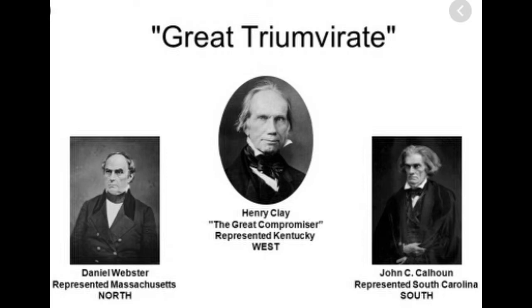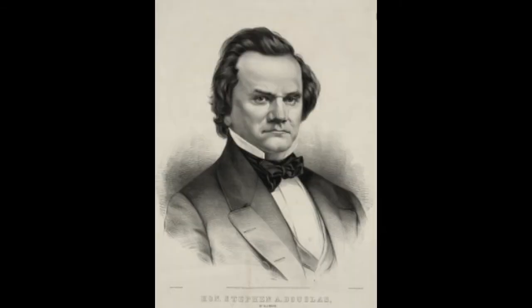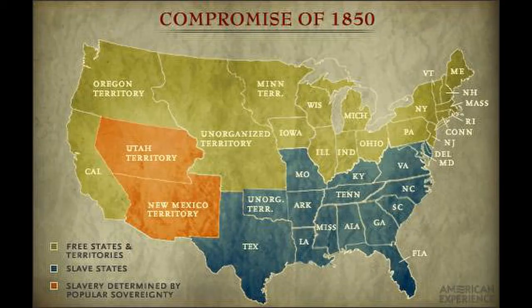In Congress, there were threats of war and secession from the South by Senator John C. Calhoun of South Carolina. Senators Daniel Webster of Massachusetts, Henry Clay of Kentucky, and Stephen Douglas of Illinois were able to compose a large bill called the Compromise of 1850.